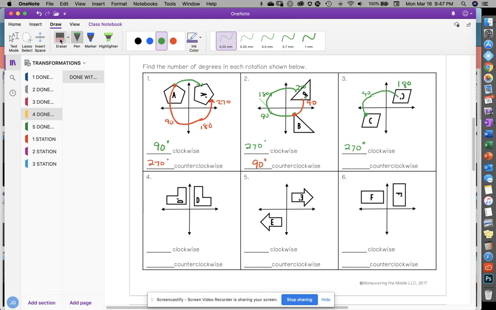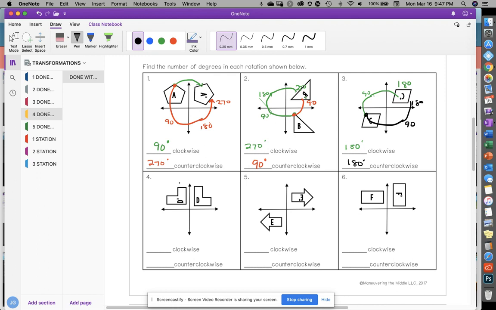There we go. Let's fix that real quick. 180. All right, now if I go counterclockwise, I'm going to start here and I'm going to go the other direction. So I'm going to come here and that's 90, and then here, that's 180. So it's also 180 degrees counterclockwise.